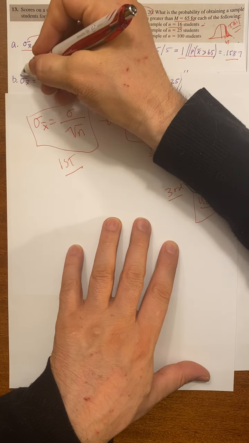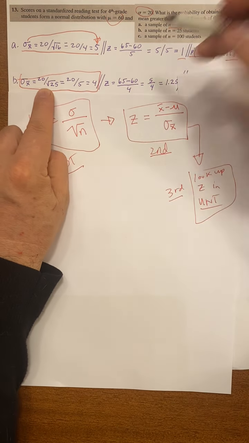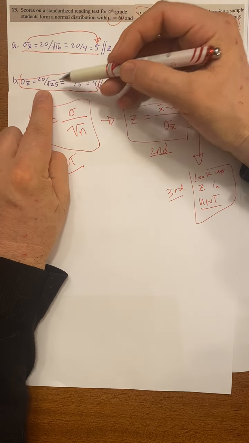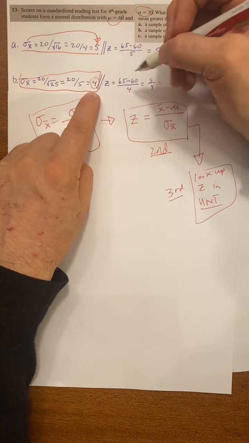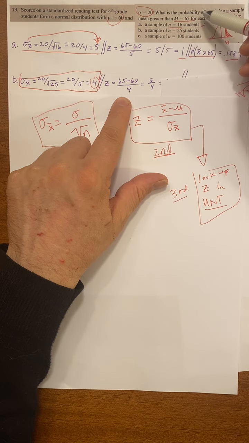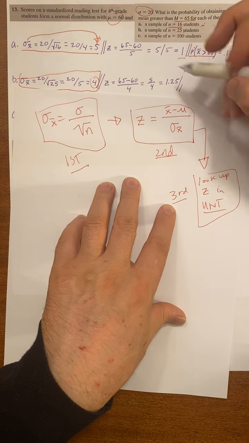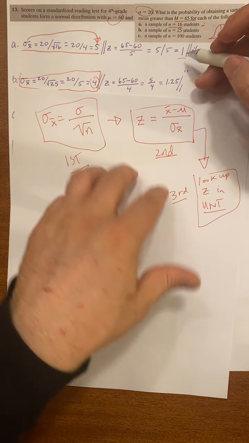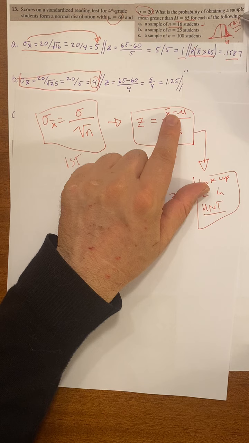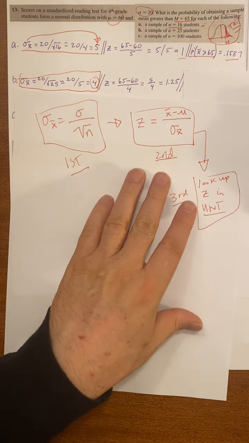First thing that we're doing, calculating that standard error. Here it's 20 over the square root of 25, which gives us a standard error of 4. We're going to use that standard error in our z equation, where it's that 65 minus that 60. Gives us 5 over 4, which gives us a z value of 1.25. But again, the question is that probability of finding that chunk that's greater than 65.